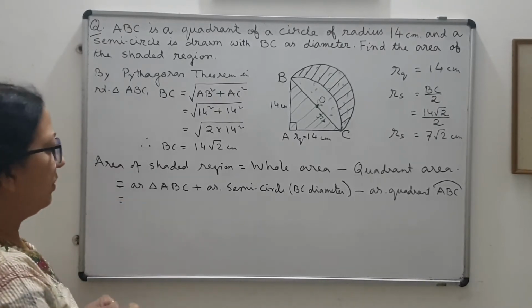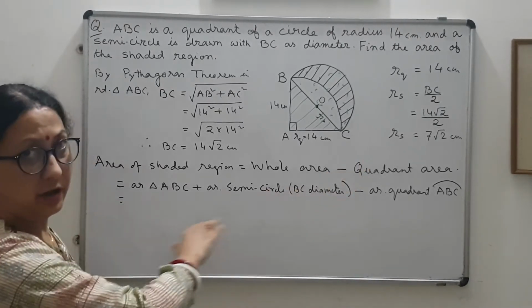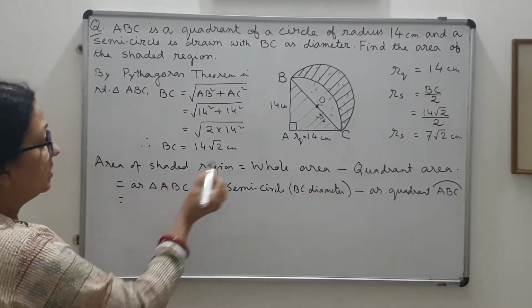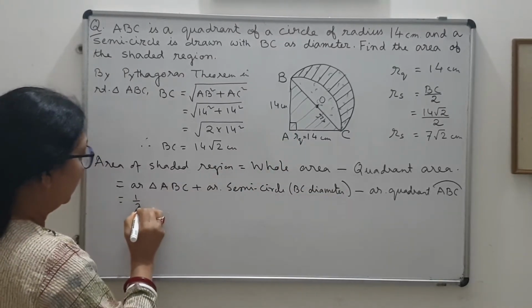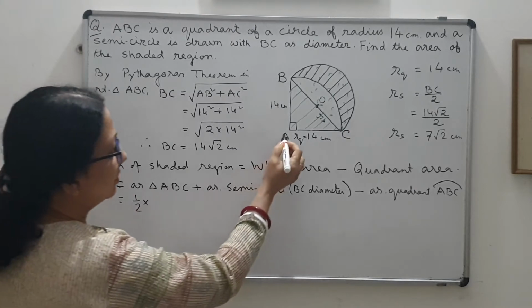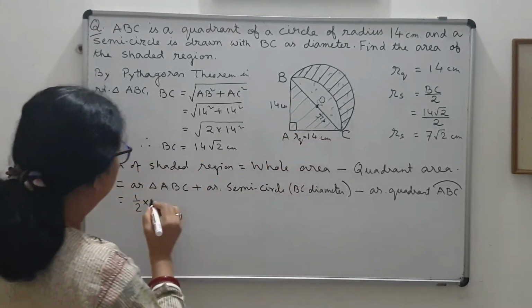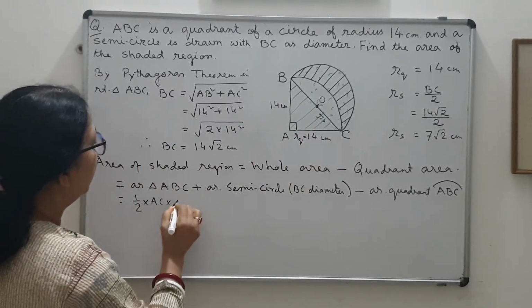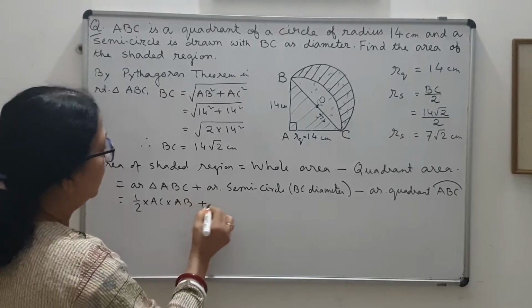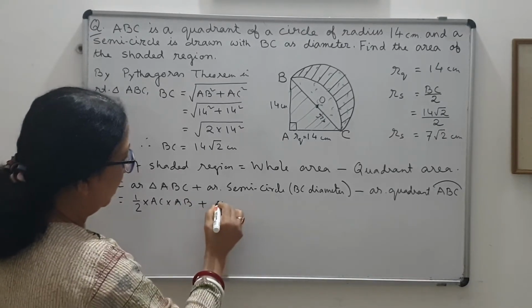Actually you see, we will be finding it out in one step. This is a right triangle, so half base into altitude. Using the formula half base into altitude, half of AC into AB, plus the semicircle area is pi r square by 2.